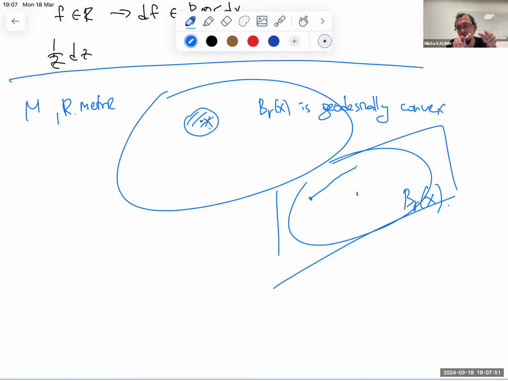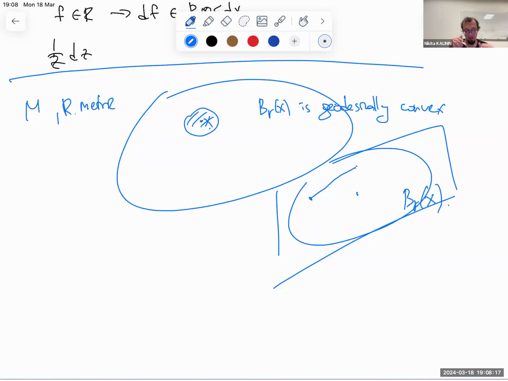And so if the distance is very, very small, then the ball in any Riemannian metric in this neighborhood is more or less the same as the ball in the metric on Rn. And there you know that all balls are geodesically convex. Okay? I think it sounds reasonable.